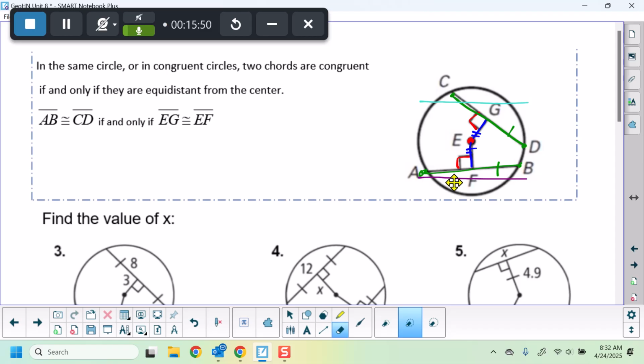So any two chords that are the same distance from the center of the circle are going to be congruent. If they're pushed out the same way, then those chords are going to be shrunk the same amount.